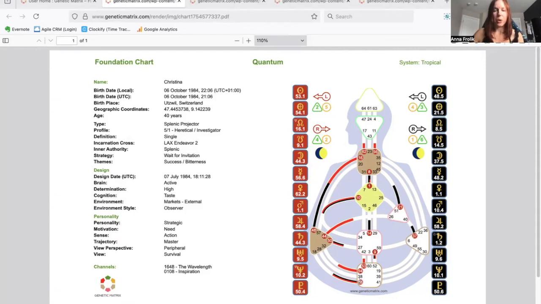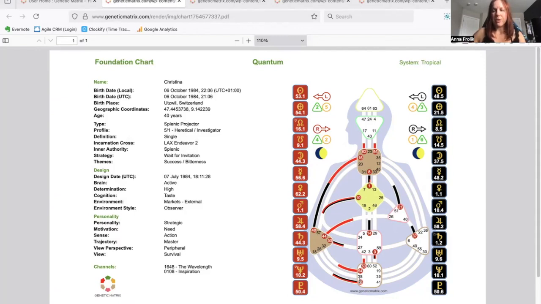So if you're in the aura of someone who has a defined root, you might feel like there is a hurry to get things done, to get things off your to-do list. And yeah, so it's just important to be mindful of that and be aware of that and know it's not actually coming from you. And then you can set better boundaries around your time as well and your own rhythm.